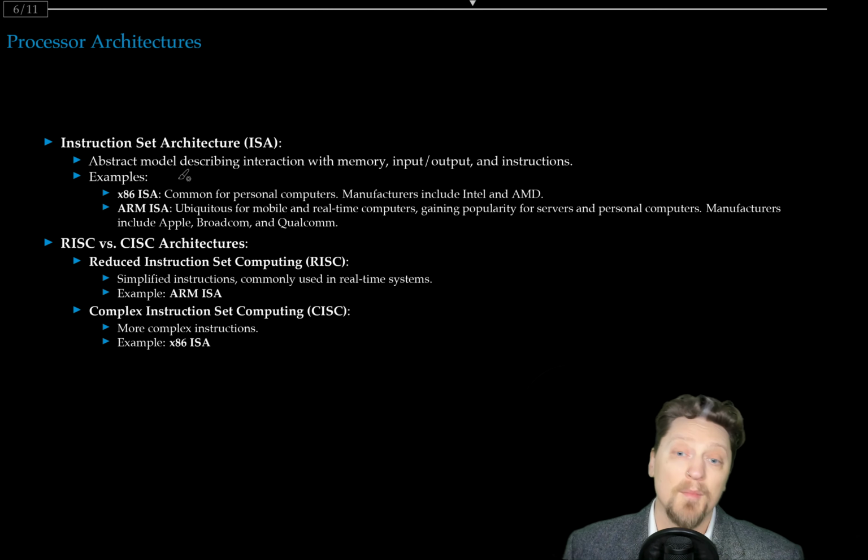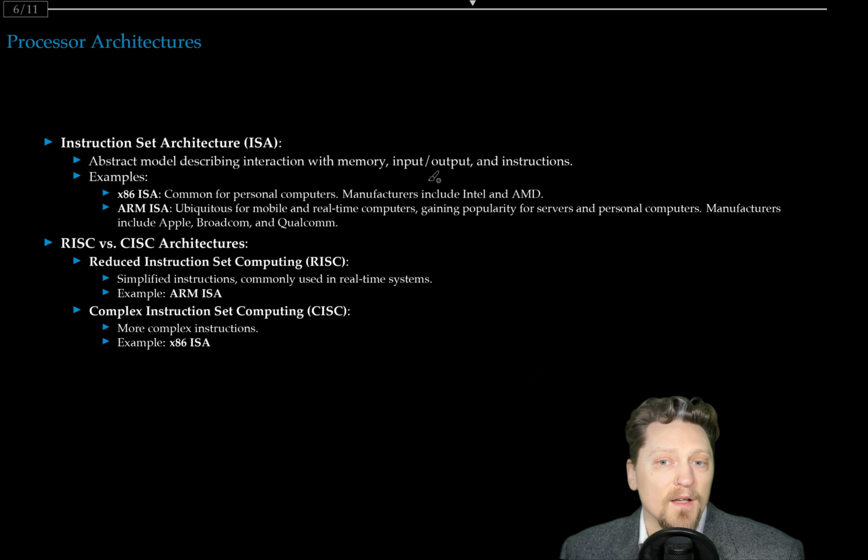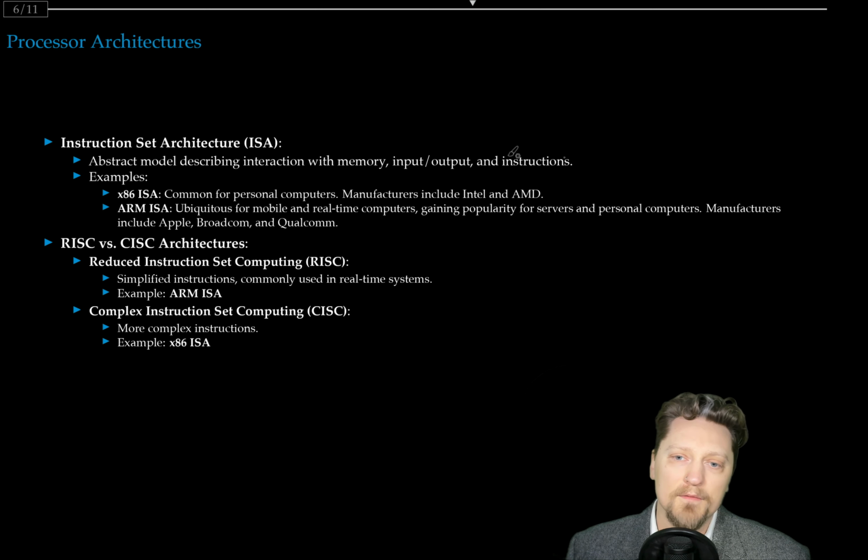Remember, it's an abstract model, but you can build chips that conform to the ISA. Manufacturers of such chips include Intel and AMD, and this is the vast majority of processors historically in personal computers.